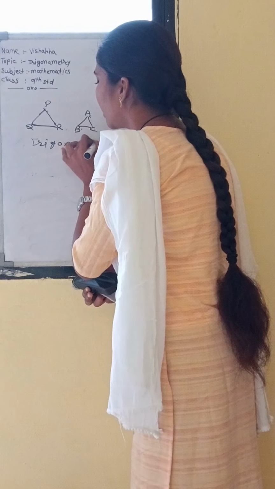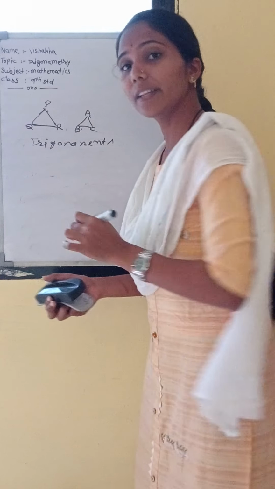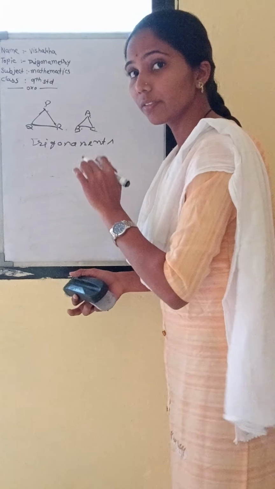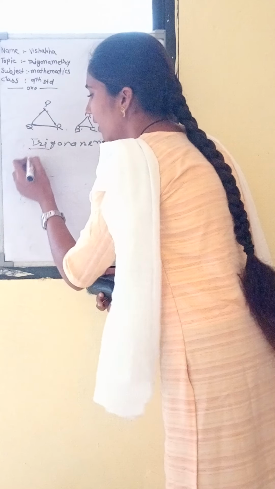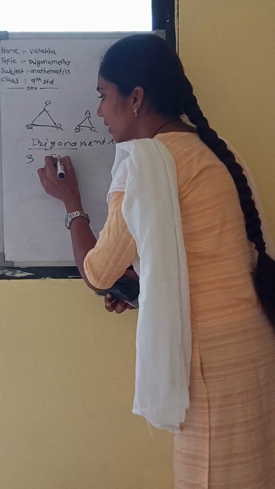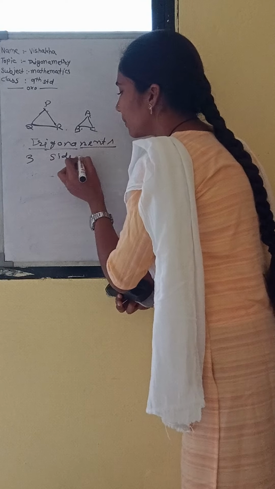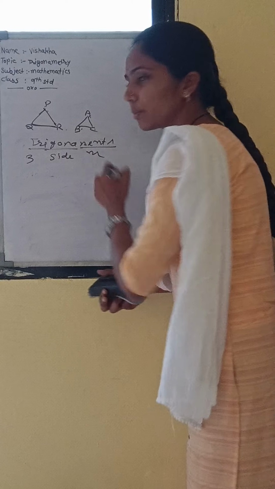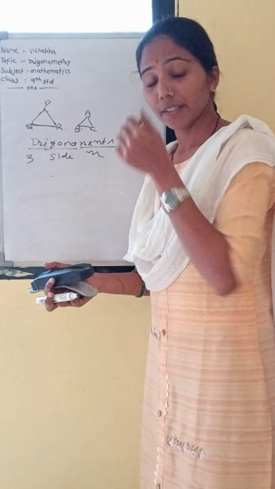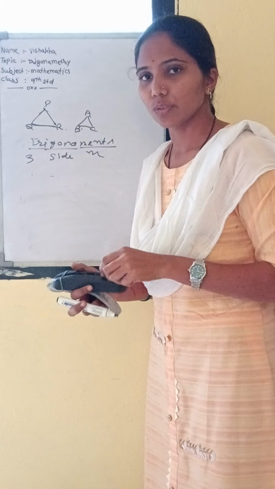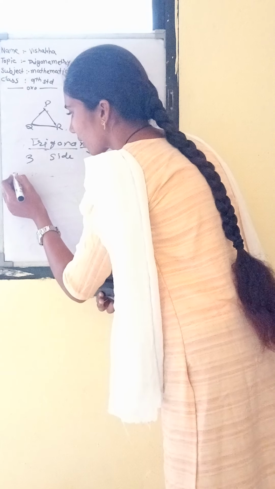The word trigonometry is a Greek word, a combination of three Greek words: tri means three, gona means sides, and metry means measurement, so three sides measurement. Trigonometry has 6 ratios. Which are they?